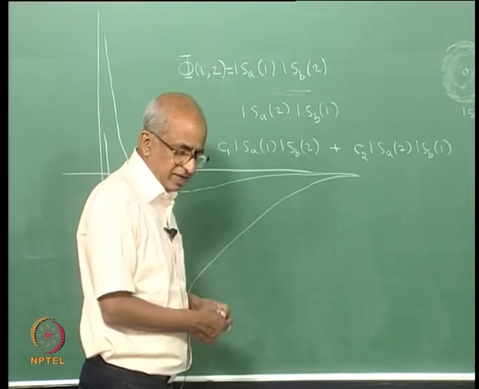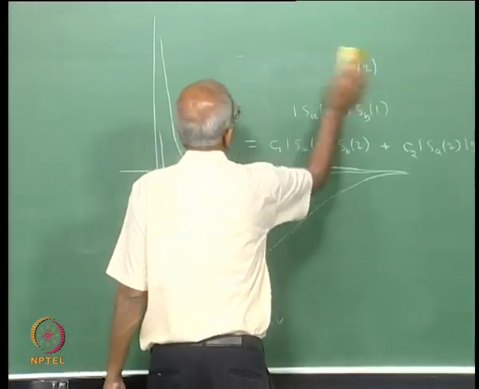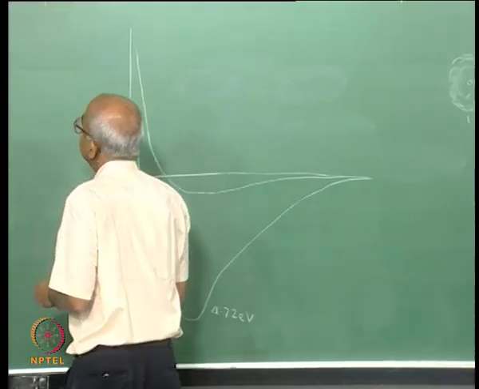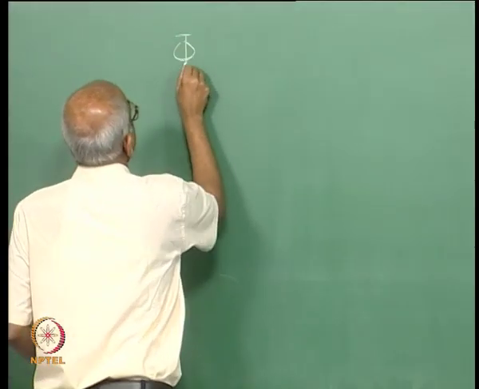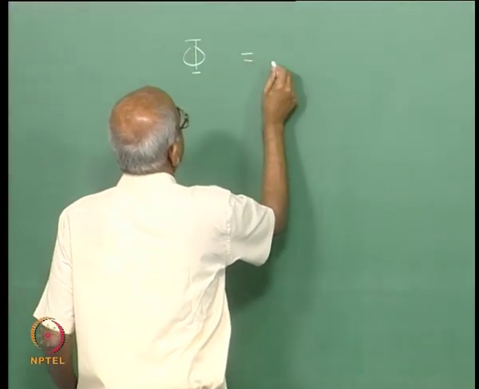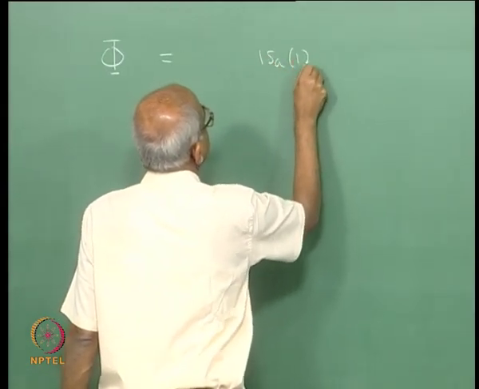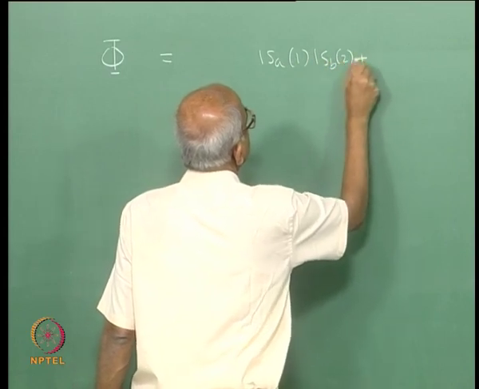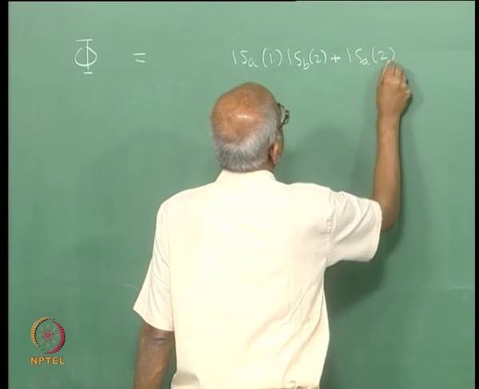So now we have two functions. What are these two functions? Let me write them. My first function will be phi, which I will write as 1sA1, 1sB2, with the positive sign, I will add the other one, 1sA2, 1sB1.